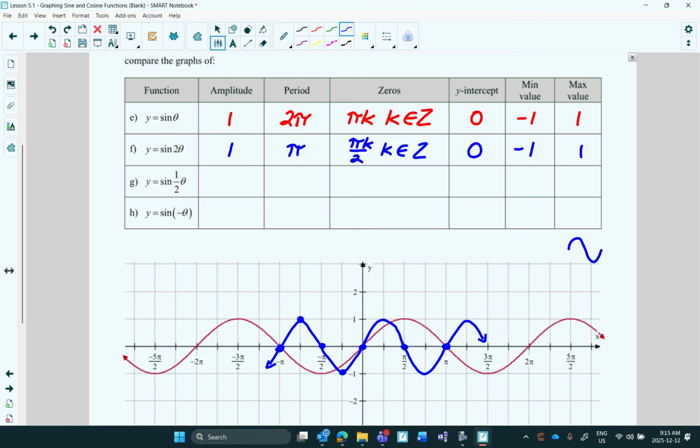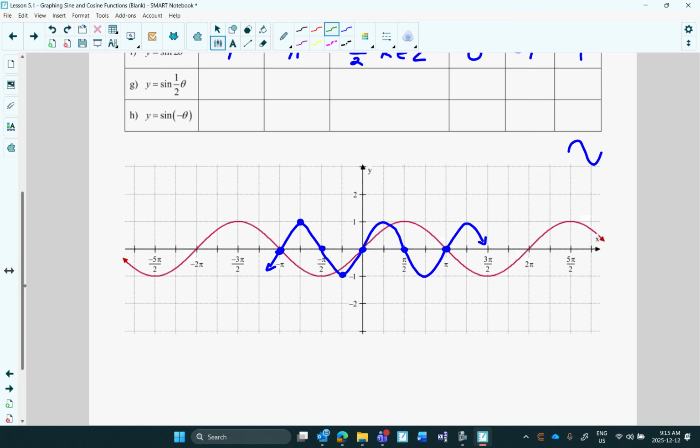What's the actual stretch here? 2. So every x doubles. So if I think about it, here x is 0, twice 0 stays there. Here, twice this goes to here. This one, remember, I'm looking at the red, not the blue.